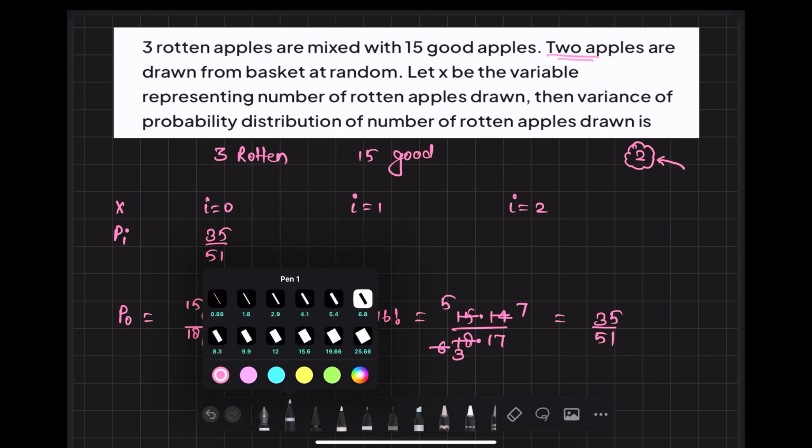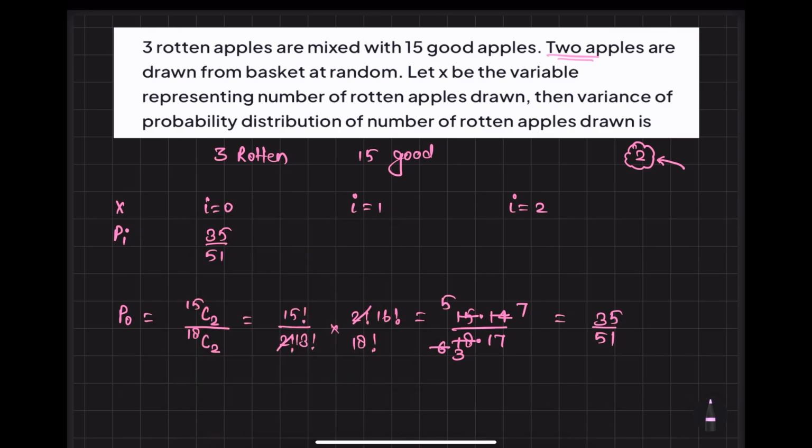Okay, now let's move on to the next part, that is P1. Now you have to handpick one rotten apple, so it is 3C1, and then one good apple, so it is 15C1, out of 18C2. Then 3C1 is 3, 15C1 is 15, and then we have 18 factorial over 2 factorial 16 factorial.